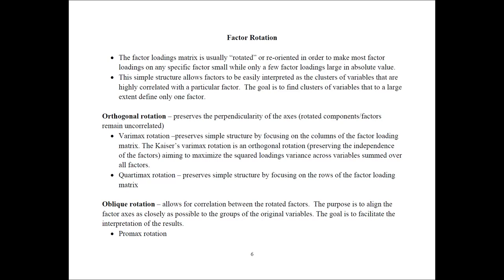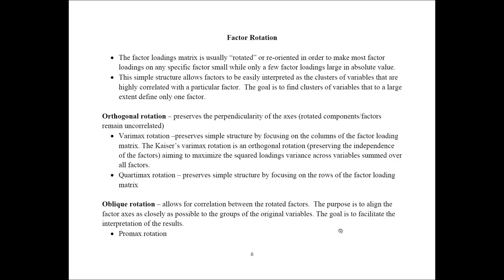Okay, another topic to consider is factor rotation. The factor loadings matrix is usually rotated or reoriented in order to make most factor loadings on any specific factor small, while only a few of them are large in absolute value.